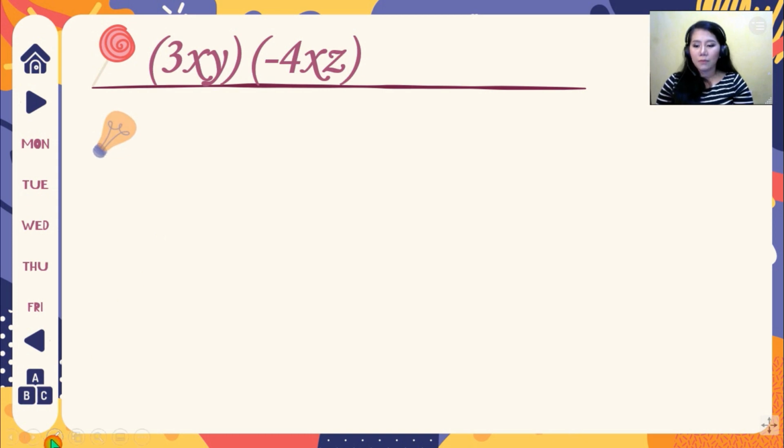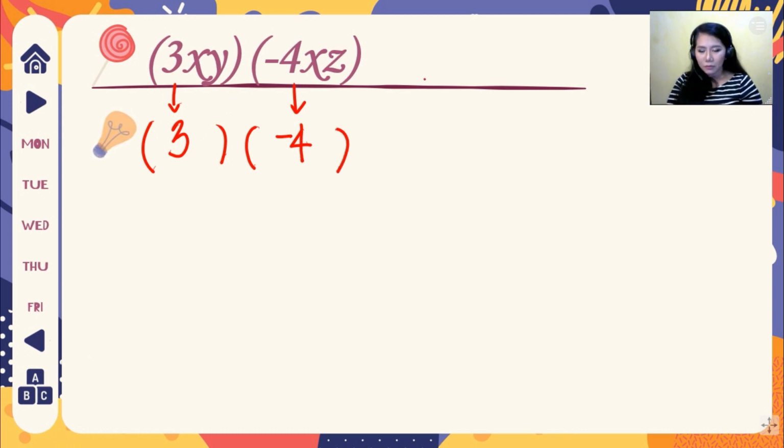That's how simple it is. So, ganito lang kasimple ha. Kunin natin si 3. Okay? Tapos, kunin natin si negative 4. Ayan. Tapos, i-times natin silang dalawa. Okay? Hindi ko muna sinasama si variable ha. Ang 3 natin dito, positive, di ba?